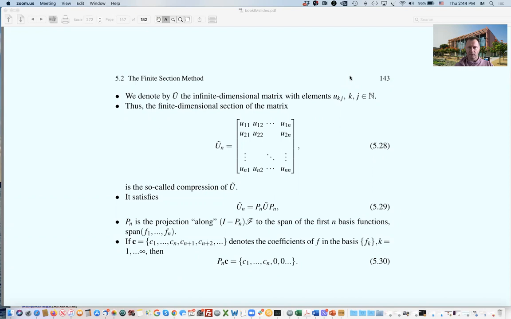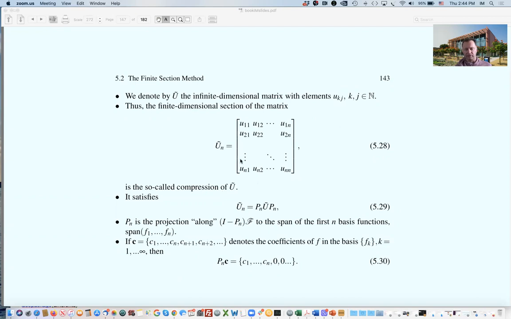In the last lecture, we described how to produce a finite section or compression of an infinite dimensional matrix representation of the Koopman operator U tilde.